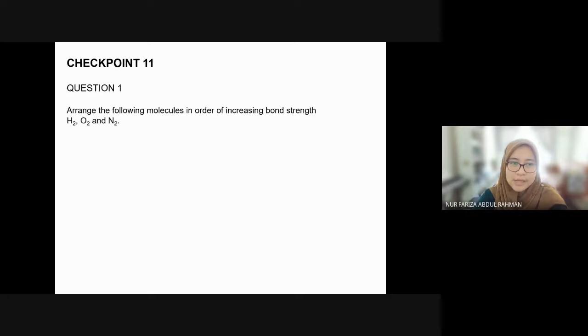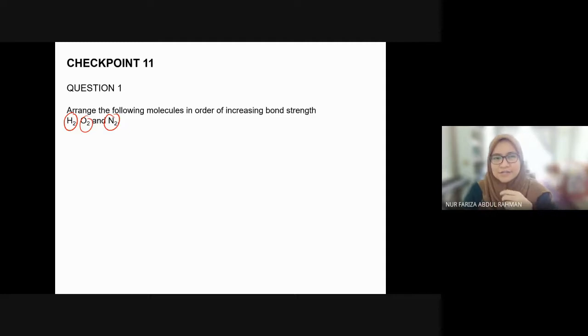Okay, arrange the following molecules in order of increasing bond strength. Bila kita tengok dia bagi hydrogen, oxygen, nitrogen, macam tak perlu lukis-lukis je kan.